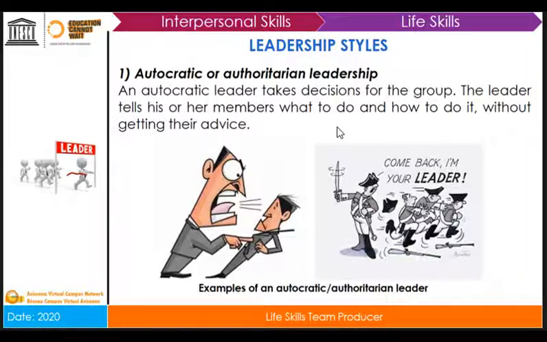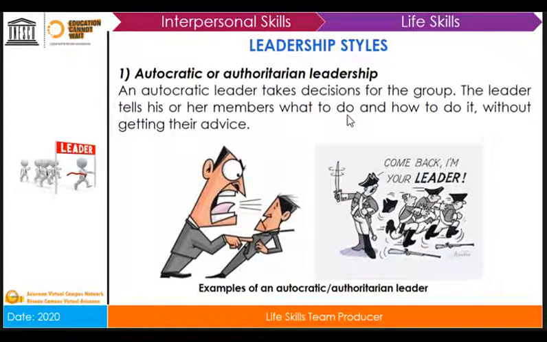Thus, an autocratic leader is one who uses force and sometimes even threats to get members to do certain things.